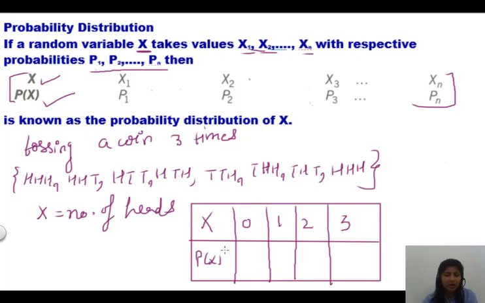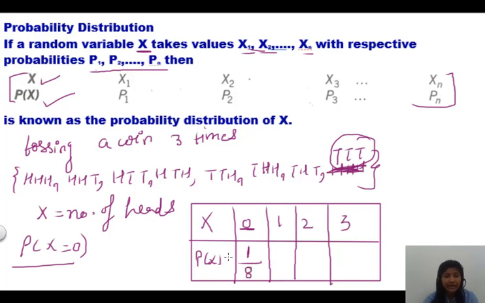Now probability of getting no head, probability of x equals 0. This is the representation. That means no head. No head, there is only one case, which is tail, tail, tail. That means 1 out of how many? 8 outcomes.